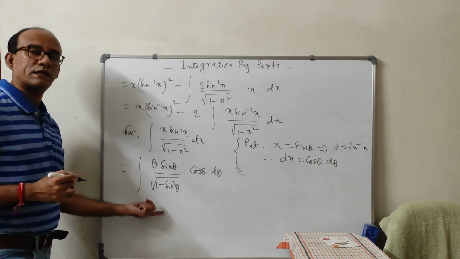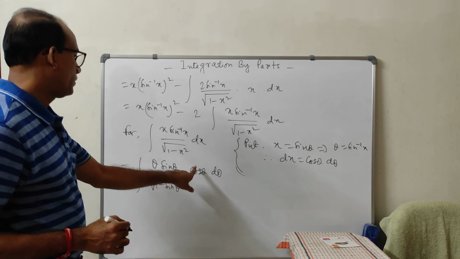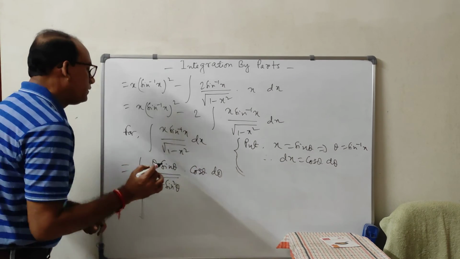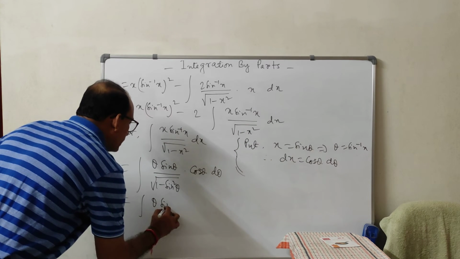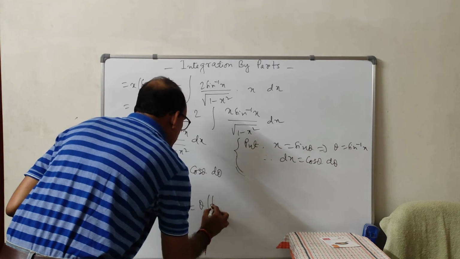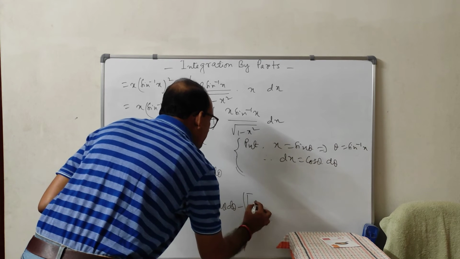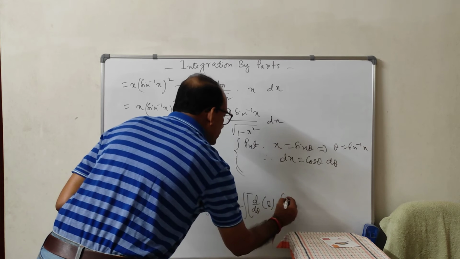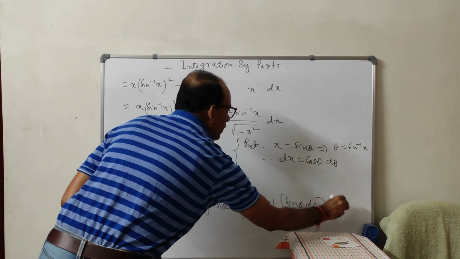See, root over of 1 minus sin square theta is cos theta, and this cos theta will be cancelled out with this cos theta in the numerator. So ultimately these things will remain: theta sin theta d theta. This is theta integration sin theta d theta minus integration of d/d theta of theta into integration sin theta d theta, whole d theta.